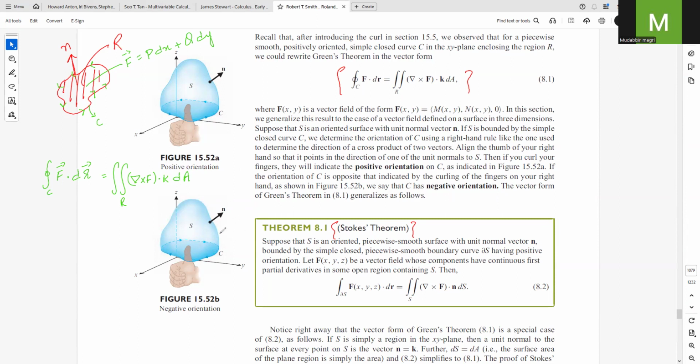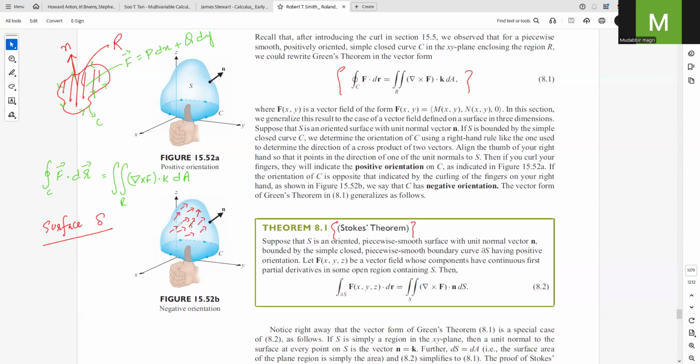Now Stokes theorem is a higher dimensional case of this Green's theorem, which says that if we have a surface instead of a region, now if we have a surface S and there is some vector field over this surface, or some circulation over this surface S with boundary.